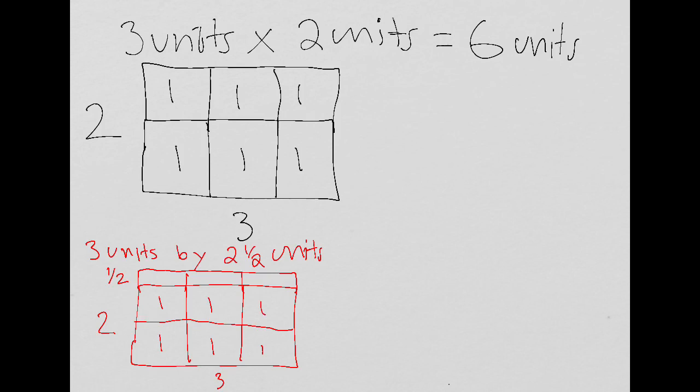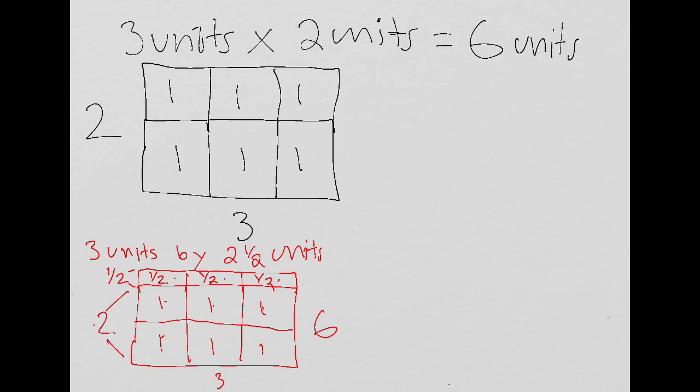And then each of these small pieces is not worth 1. It's only worth 1/2. Because remember, this 2 is broken up into the 1 and the 1, and then this 1/2 is just its 1/2. So this room has 6 full tiles, and then it also has 3 half tiles.